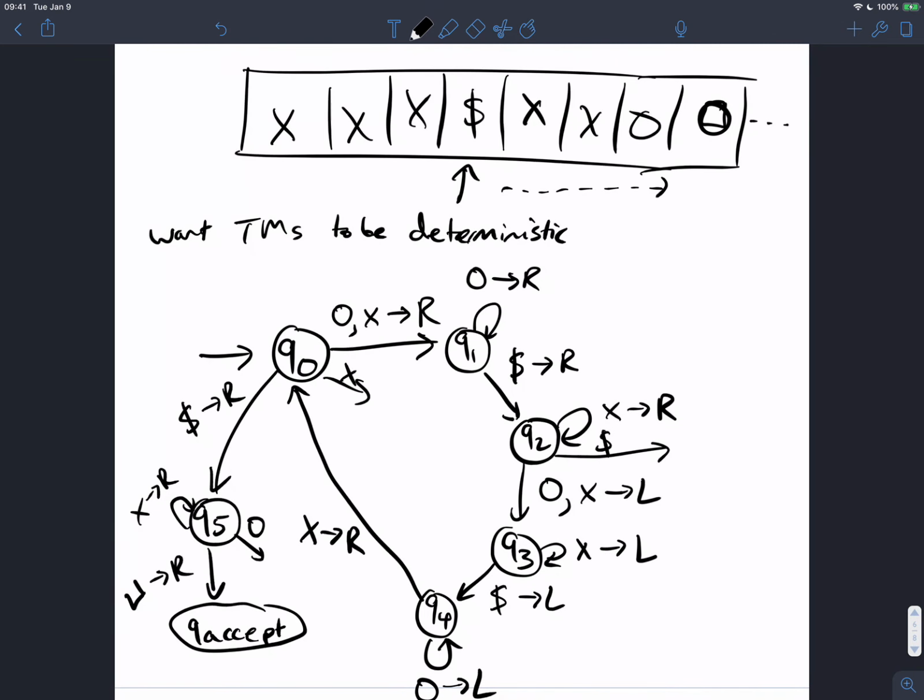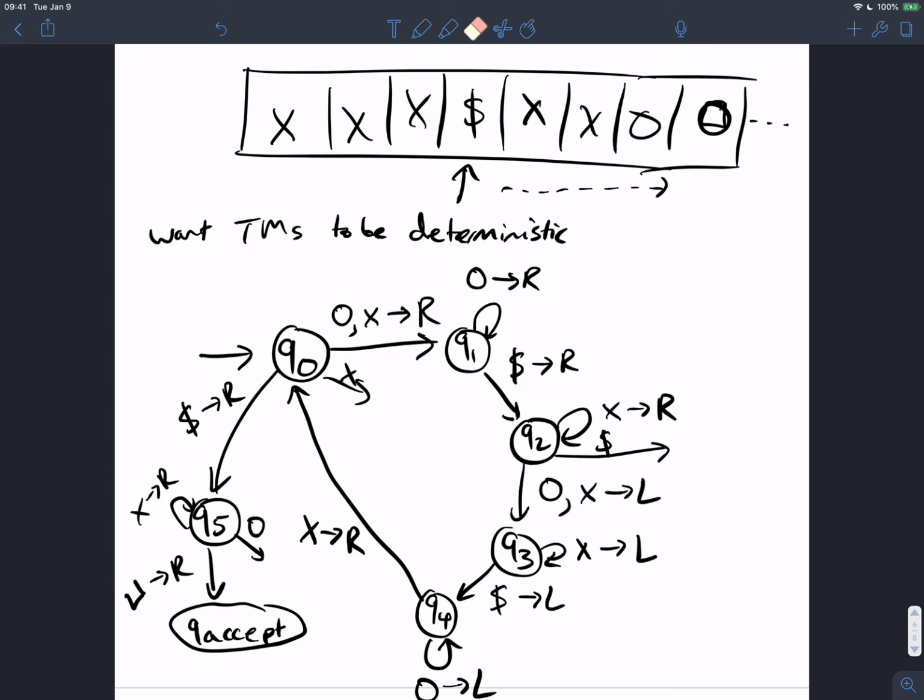So Q0 handles the case where we just saw that first 0. Then it moves right until it sees the dollar sign, moves right, zooms past the already marked X's on the second half to the first unmarked 0, which is this third one in this case.